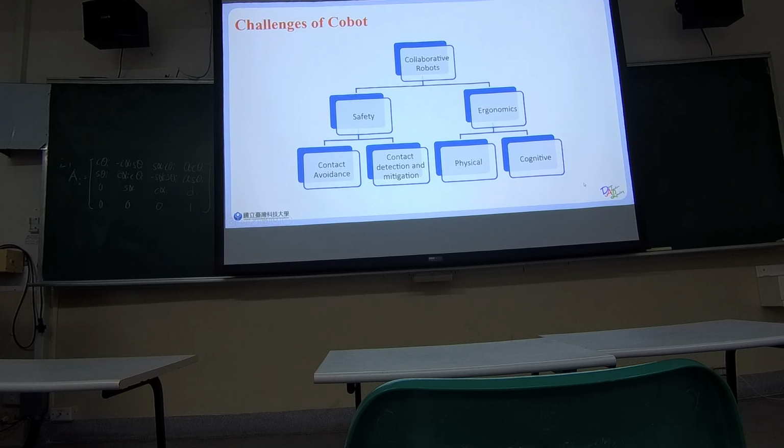Additionally, cobot-based challenges relate to ergonomics, which can be divided into physical ergonomics and cognitive ergonomics. Physical ergonomics aims to reduce the physical burden on operators. For example, cobots can perform tasks such as heavy object handling and precision assembling, reducing the muscle and skeletal stress caused by physical labor.